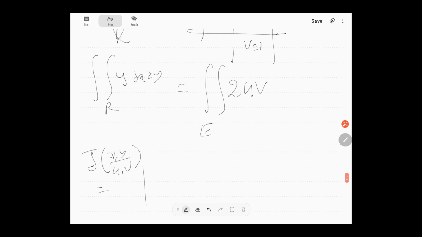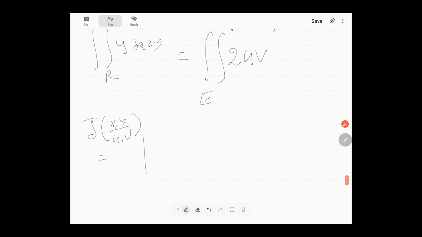What is that Jacobian? dou x by dou u. x is u square minus v square, this is the transformation he has given. Then dou x by dou u is 2u, dou x by dou v is minus 2v.